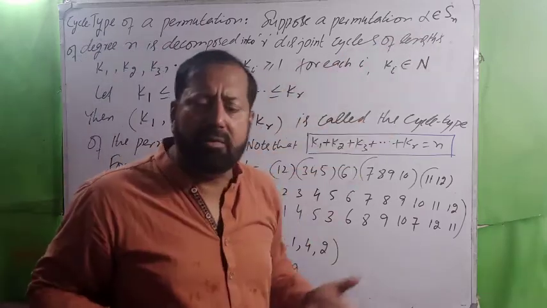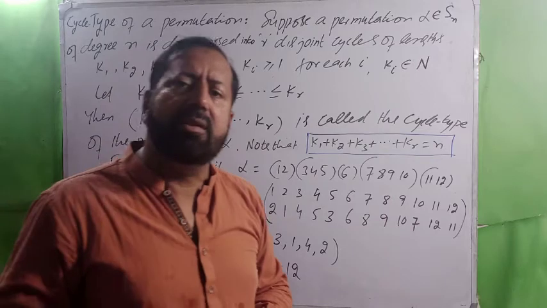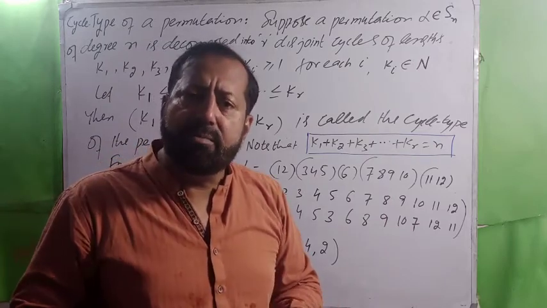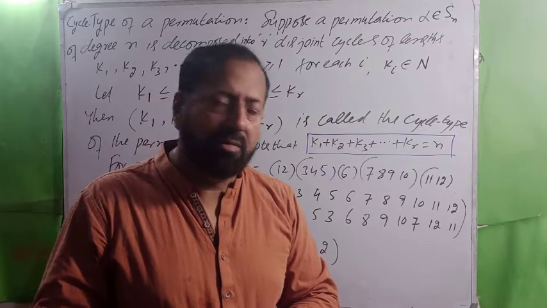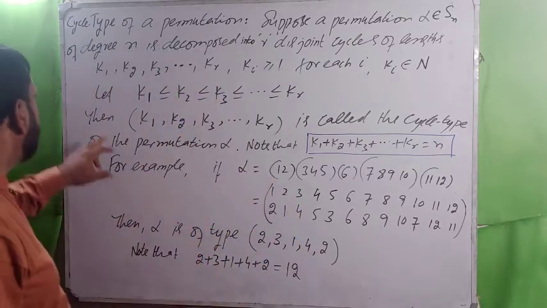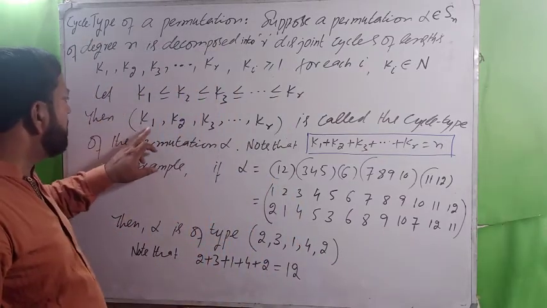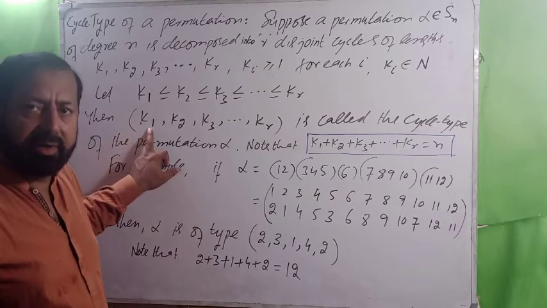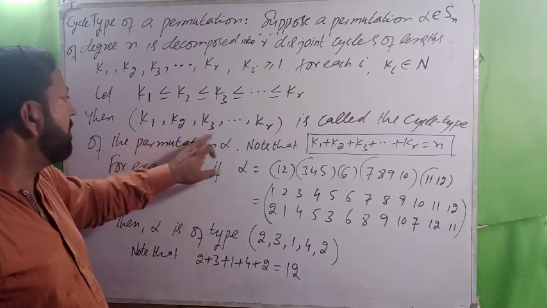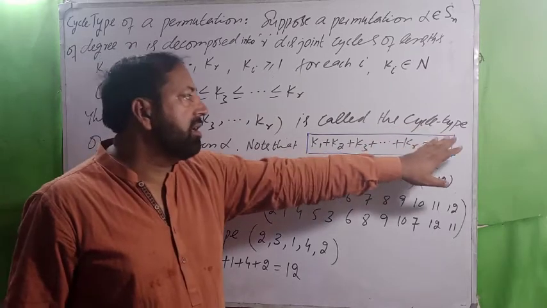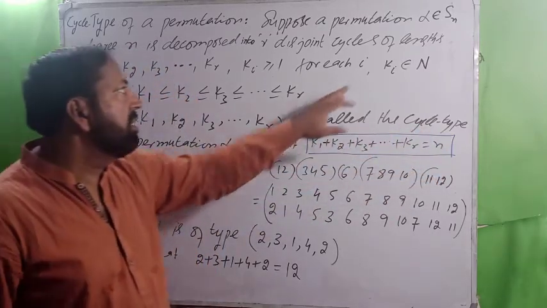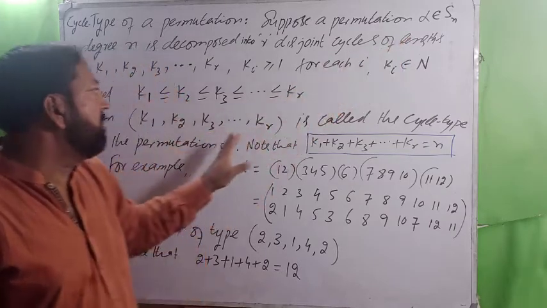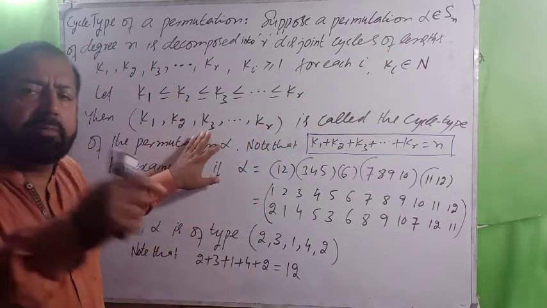You know very well, in group 3-1 you have learned that you can decompose a permutation into disjoint cycles, right? Okay, so then this r-tuple, k1, k2, up to kr, is called the cycle type of the permutation alpha. This is the cycle structure of that permutation alpha.